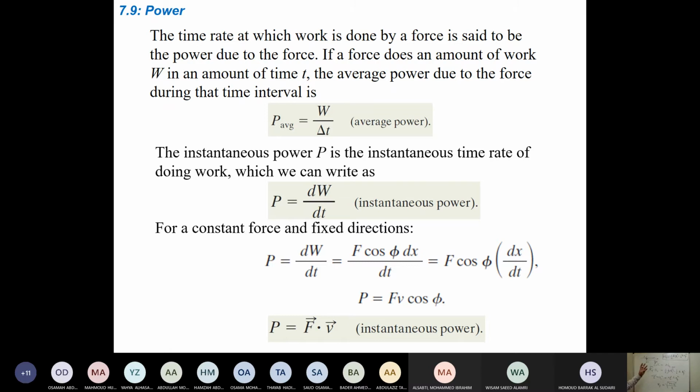Theta doesn't change, the force did not change. The only thing that has changed with respect to time is the position. So when you apply the derivative, it is going to be applied only on the x term here, which is the displacement, right? And we know dx by dt, what it is. dx by dt.